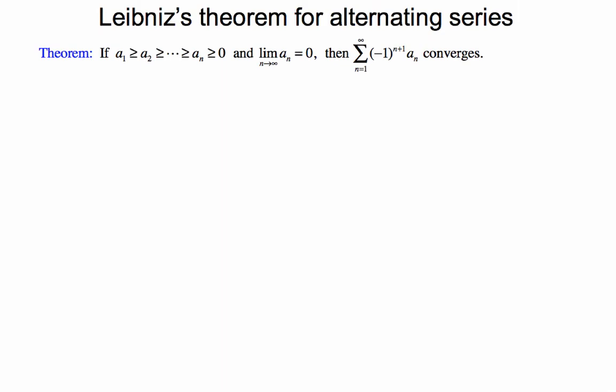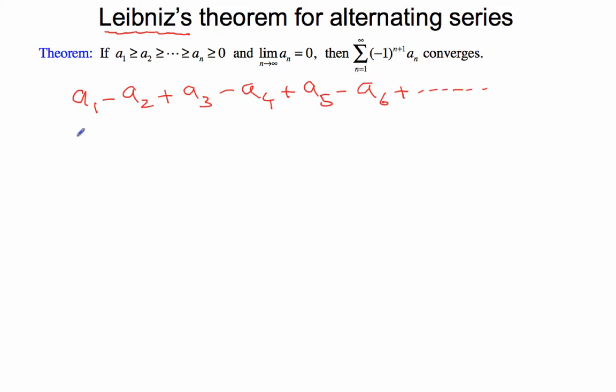For infinite series, where the terms change sign from positive to negative, back to positive, and so forth, there is an important theorem due to Leibniz. The theorem states the following. If I have a series like this, A1 minus A2 plus A3 minus A4 plus A5 minus A6, and this series is an infinite series, it continues.